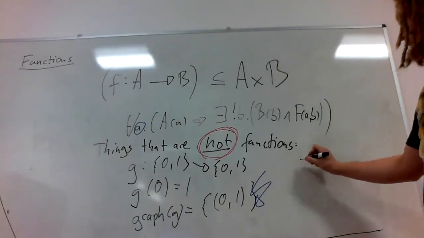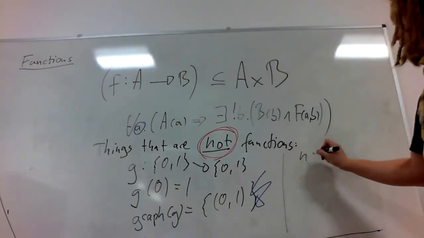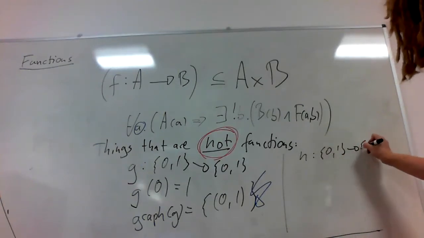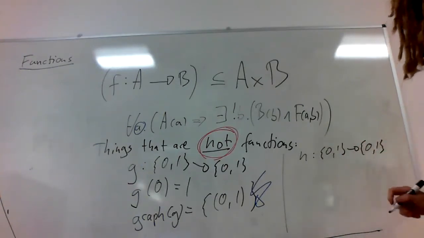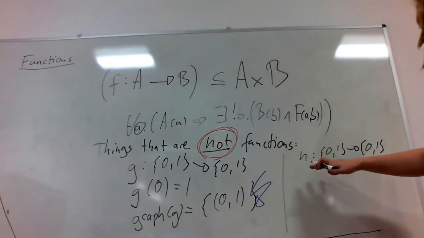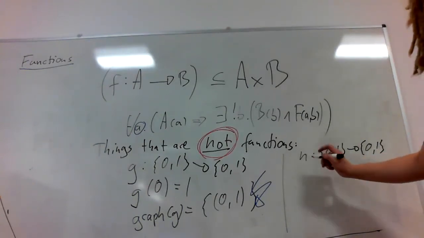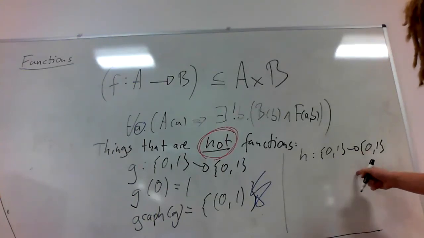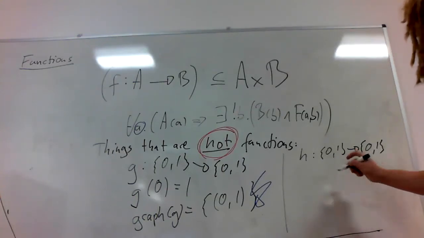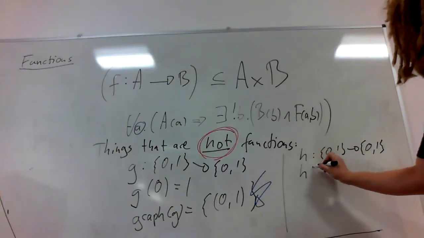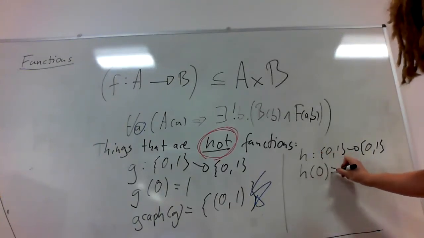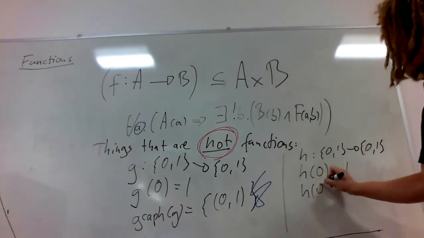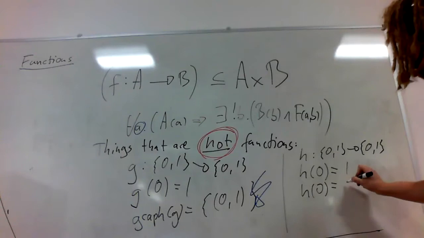Let's say h, again from {0, 1} to {0, 1}, and we state something like this: h of 0 equals 1 and h of 0 equals 0.